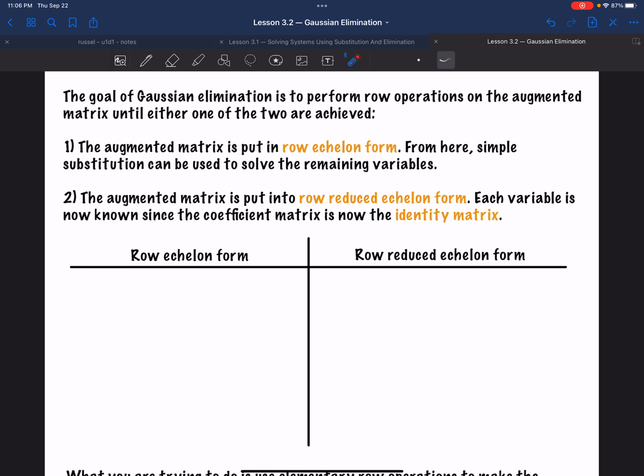Okay, so the goal of Gaussian elimination is to perform, like I said, row operations on the augmented matrix until either one of the two is achieved. Number 1, the augmented matrix is put into row echelon form. From here, you can use simple substitution to solve for the remaining variables. So what is row echelon form?